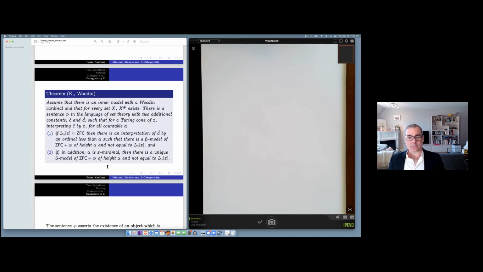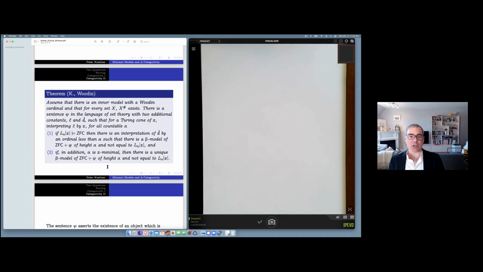Now, it's similar to what happens with ultrapowers. If you have a model with an ultrafilter and you take the ultrapower, then the ultrapower can't see the ultrafilter. It can't have that kind of awareness, because if it did, then it would be able to collapse the image of the critical point.